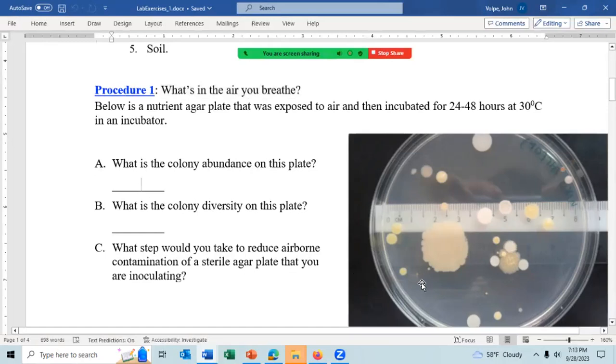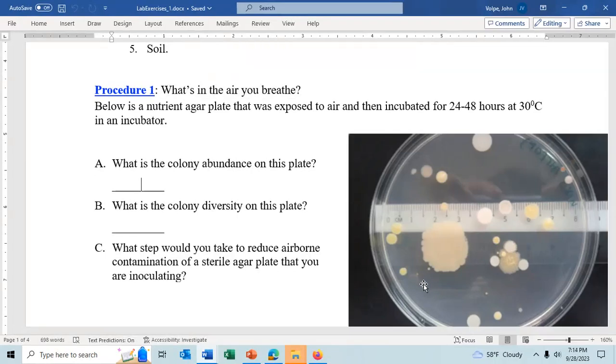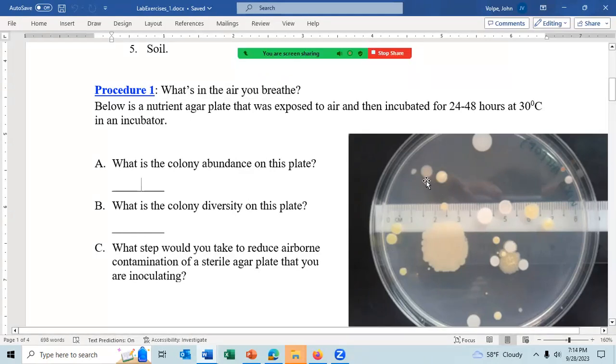Remember, with diversity, you have to determine what is a different colony species based on the colony characteristics. Like these two are definitely different because they have different coloration. This one is definitely different because it has a different texture and margin compared to that one.